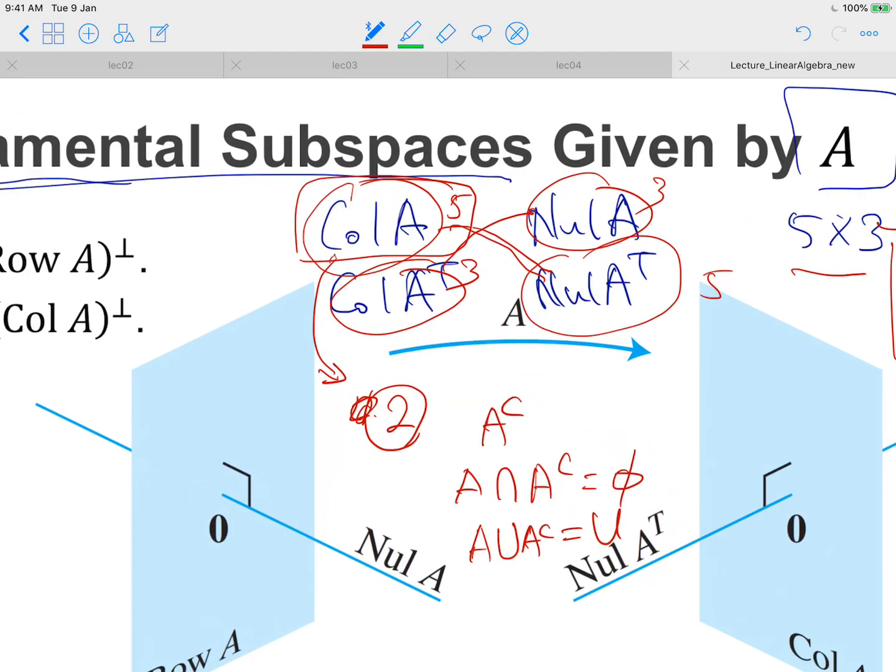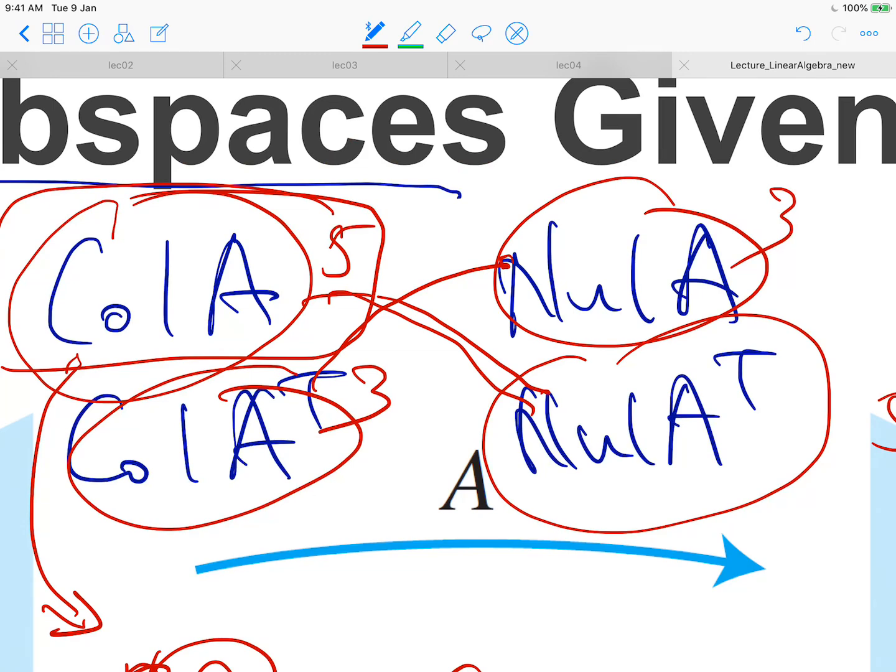Now let's think of the orthonormal versions of this orthogonal complement. Between this set and this set, you now understand what the orthogonal complement is, forming the 5-dimensional space.